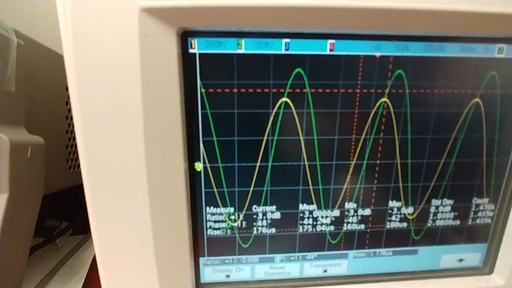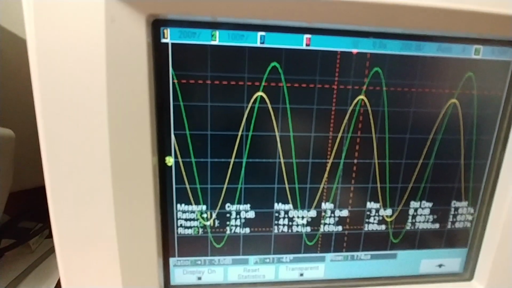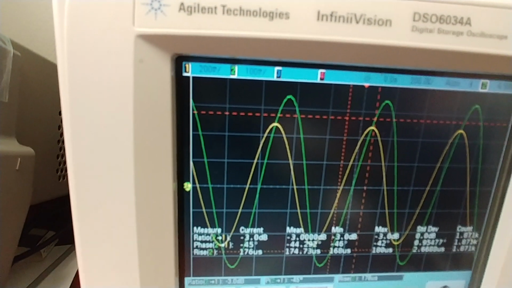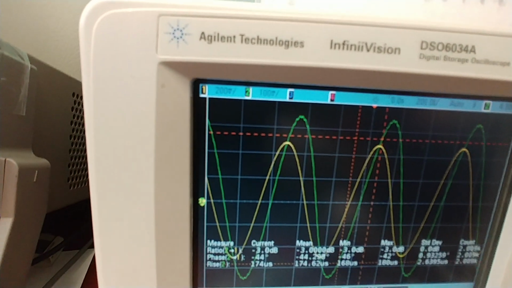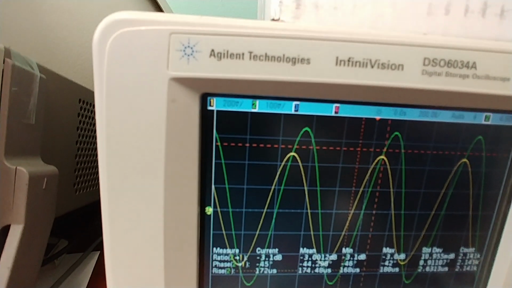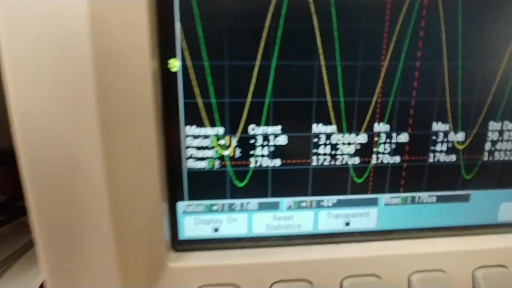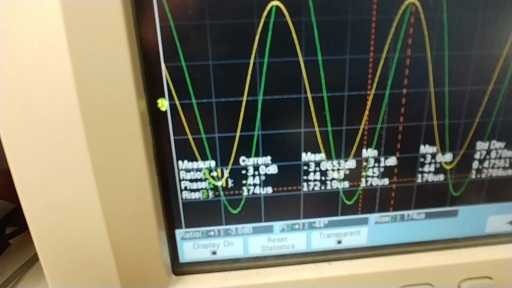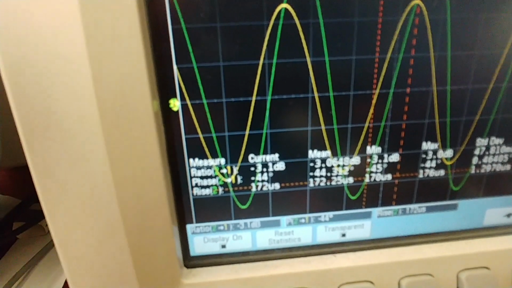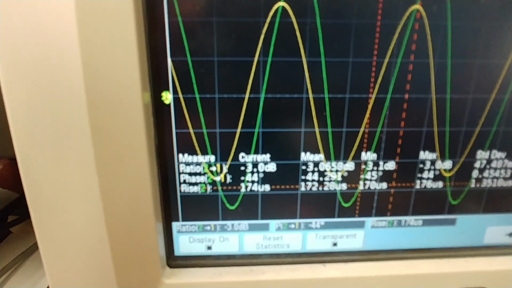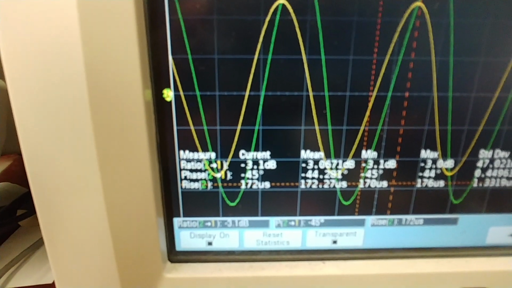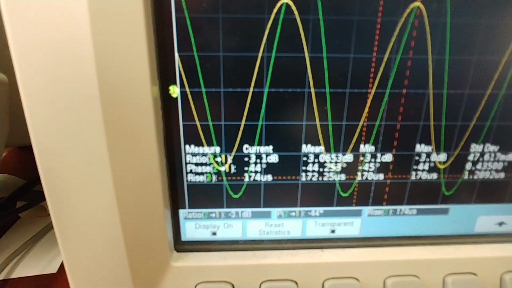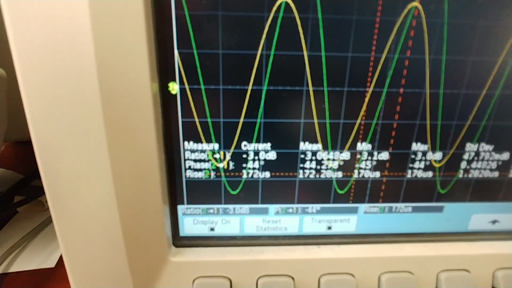So I'm just changing my function generator to what worked before I started this video, reset the statistics, and now the mean is about 3.06. That's kind of as close as I can get, and the phase is minus 44. Now, you might recall that the phase should be minus 45 when you're at the 3 dB point.